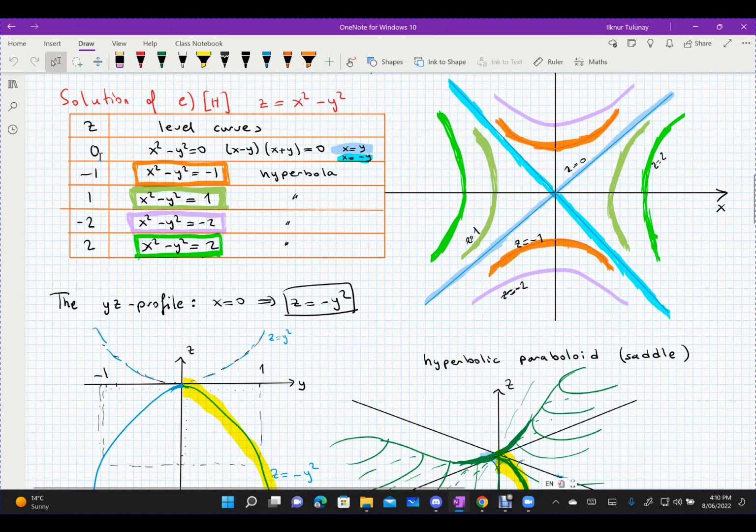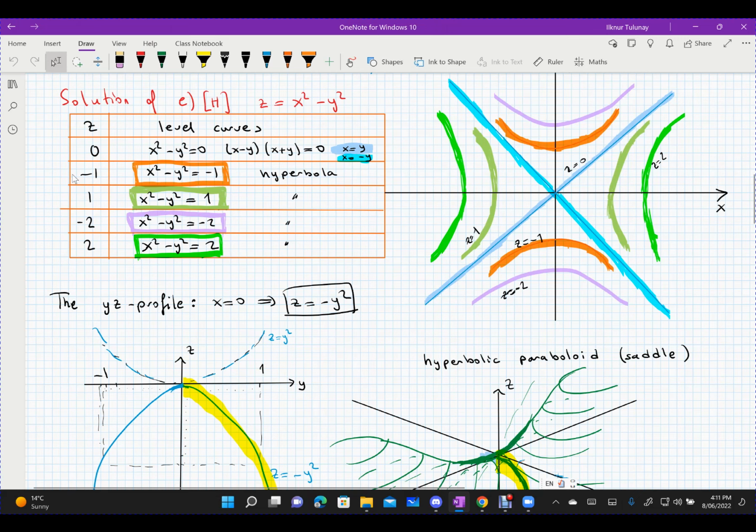For z is equal to 0, we have x squared minus y squared is equal to 0. We can write this polynomial as (x minus y)(x plus y). So x minus y is equal to 0 will give us a line, x is equal to y, which is that line. And x plus y is equal to 0 will give us x is equal to minus y, which is that line.